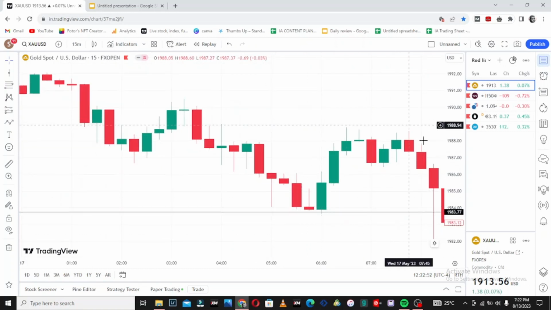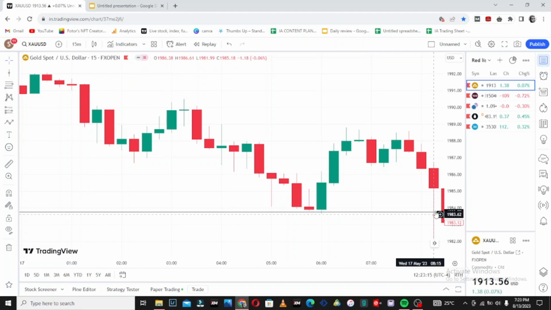Now, when you see this, for most people, this is a rejection week, or the market rejected. To me, this is a trap. When I see the market fail to break out, and rather than break out, pins the high or the low, I know this is just a smoke screen.